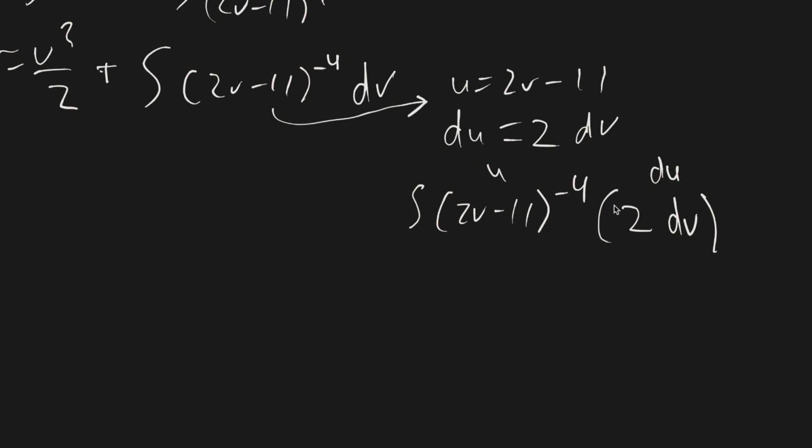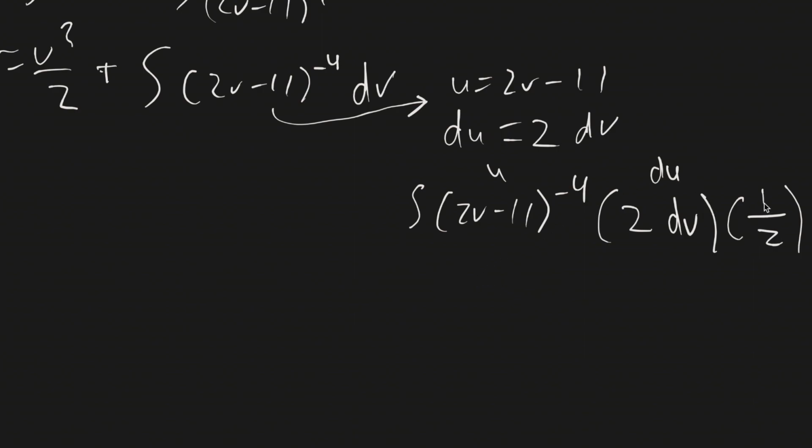Notice though how we essentially spawned in a 2 here. Like there was no 2 in the original, it was only this and a dv, but now we have this 2 dv. To equalize that, we need to multiply by 1/2, because the 2 times 1/2 will make it into 1 and cancel each other out.